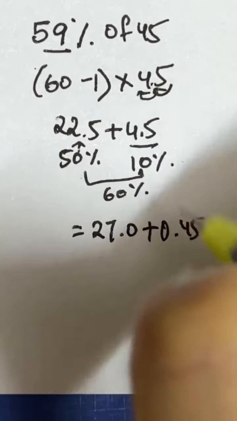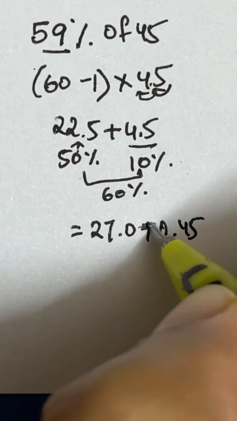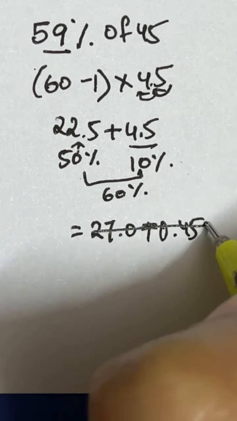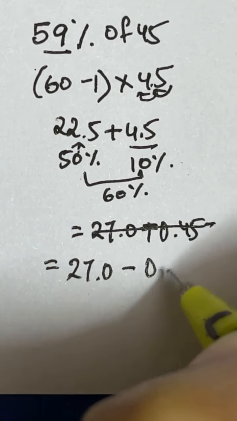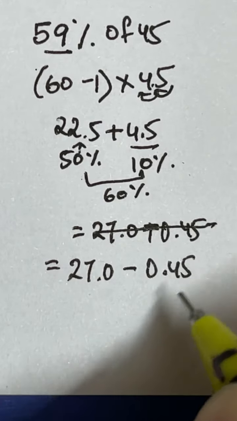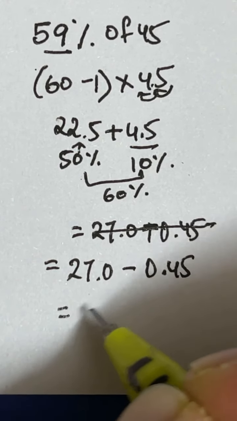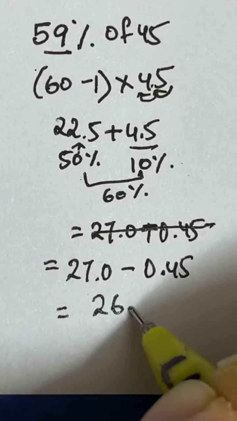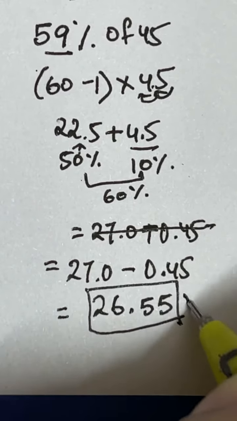Sorry, not plus because it's a subtraction. You should have a subtraction sign. Minus. Okay, let me write it down. 27.0 minus 0.45. So when you subtract 0.45 from 27, you're going to get 26.55. That's it. That's your answer.